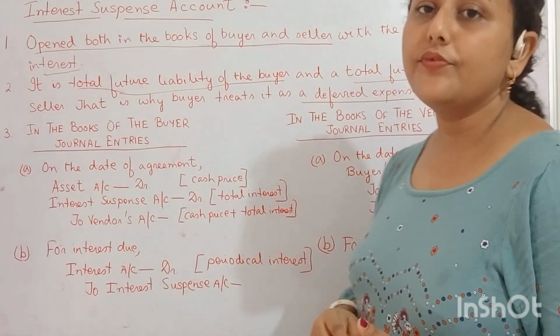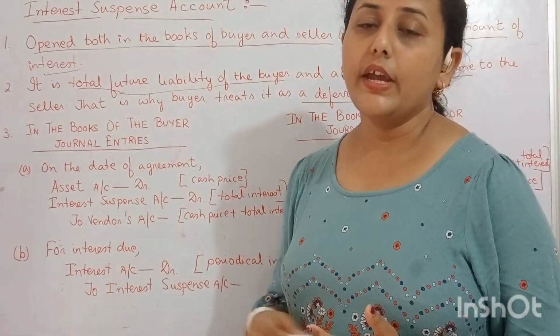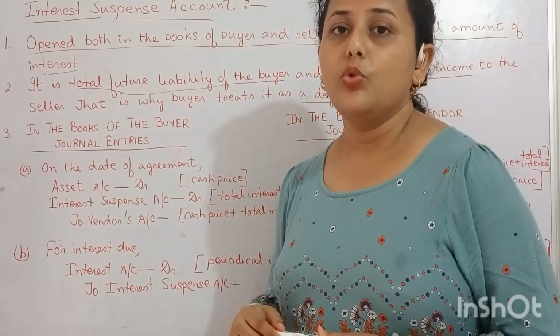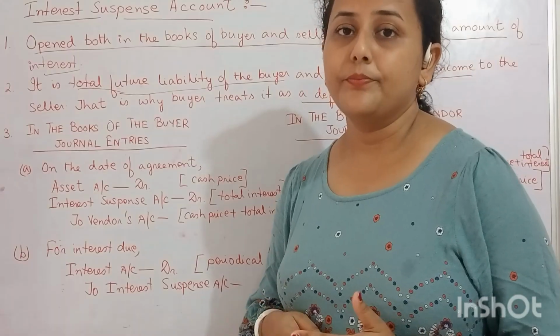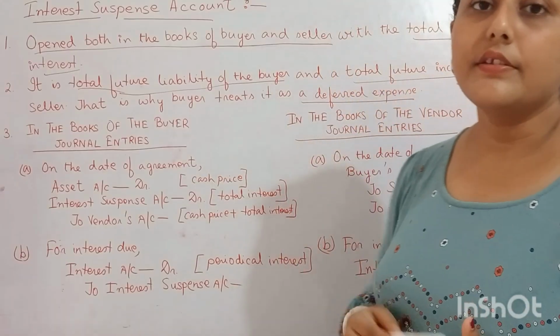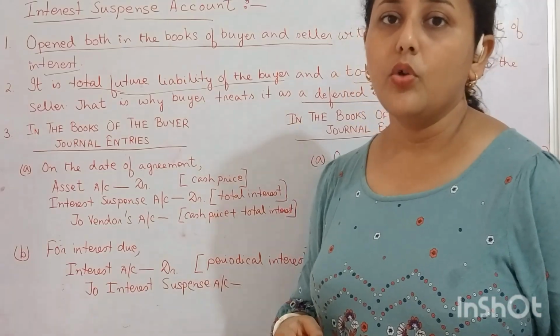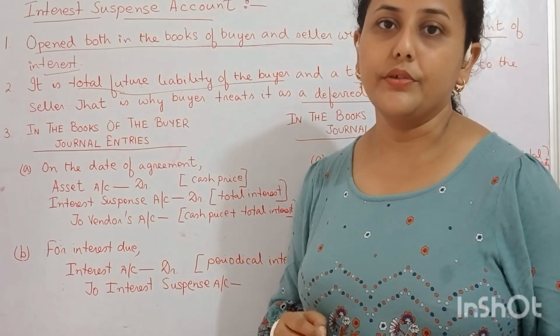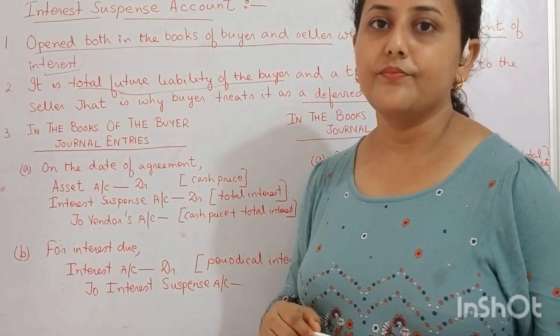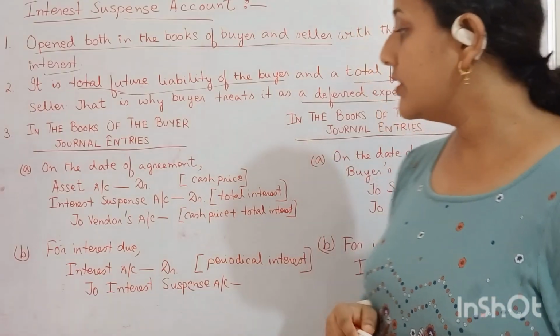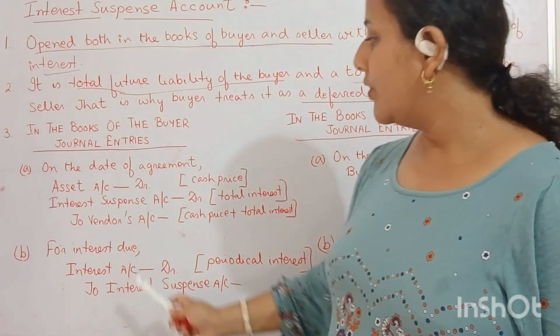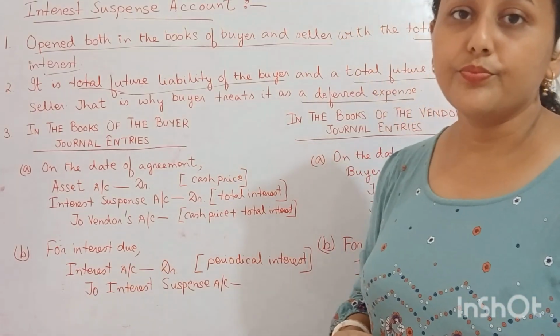at the end of the first year, what will be the entry? It is the same again: vendor's account debited to bank or cash account with the amount of installment for that period. Then the fourth entry will be for interest due.